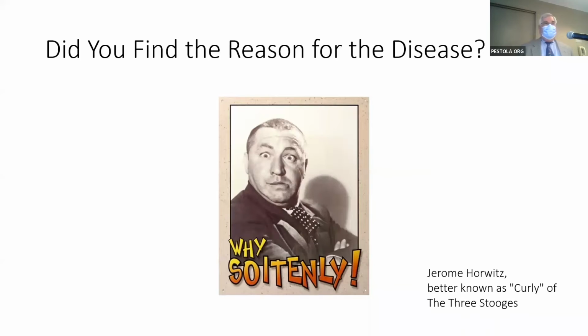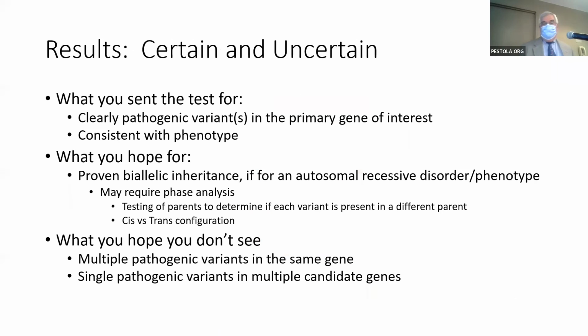So of course, we know the answer. We slightly found the reason, thanks to Jerome Horowitz. If you found what you were hoping for, you got clearly pathogenic variants in the gene of interest, and it's consistent with the phenotype, then you hope it's proven biallelic inheritance, because you could have two pathogenic changes on one copy of the gene, none on the other, and for a recessive disorder, that does not give you full phenotype.